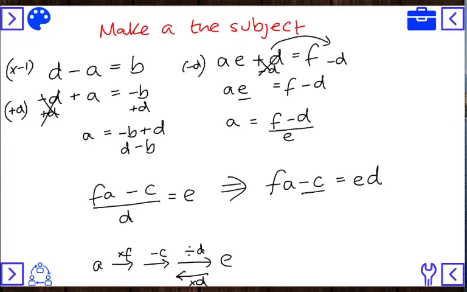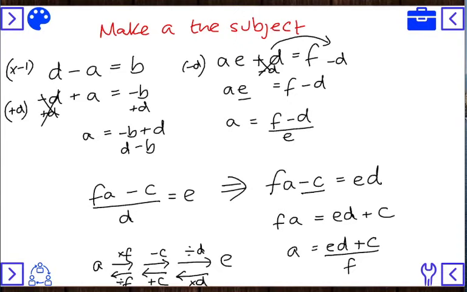I now need to get rid of minus C. Well, to get rid of minus C, I add C. So I'm now going to get FA is equal to ED plus C. And finally, the last thing that happened was to times by F. So we now need to divide by F. So A is equal to ED plus C, all divided by F.